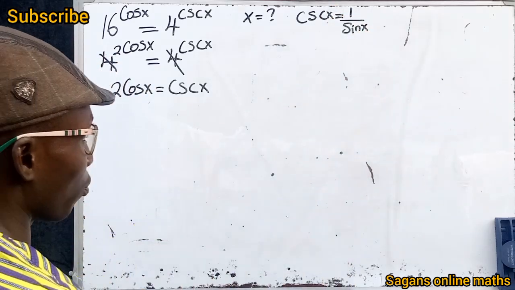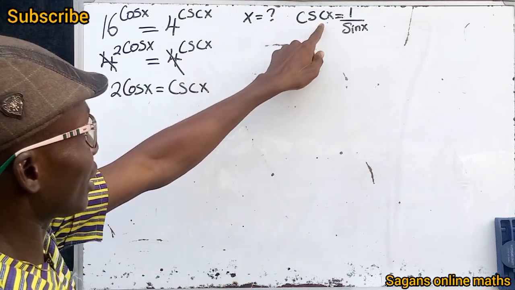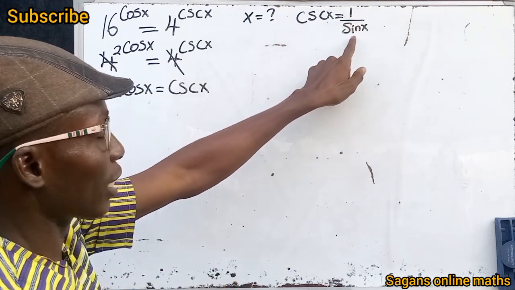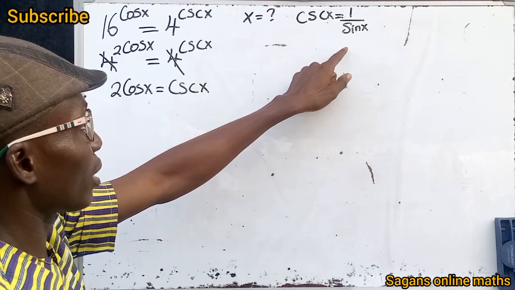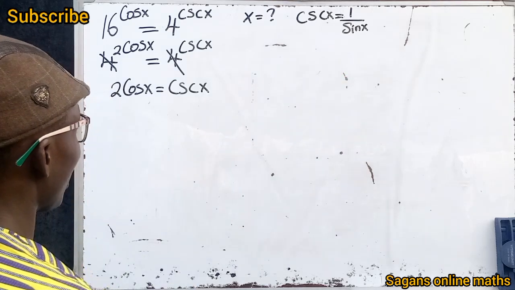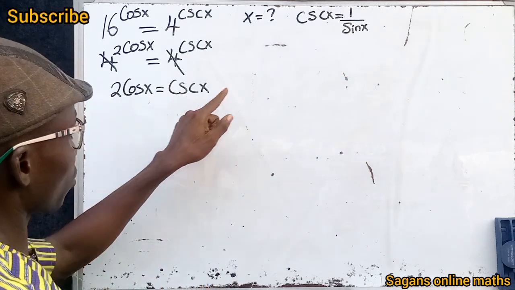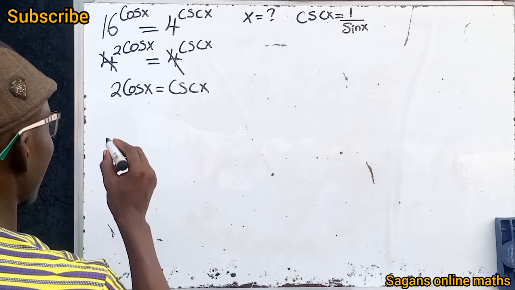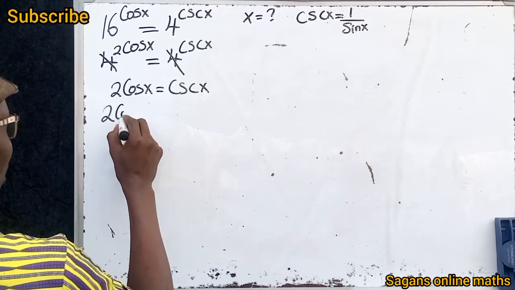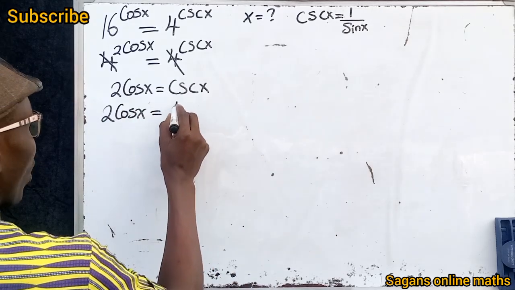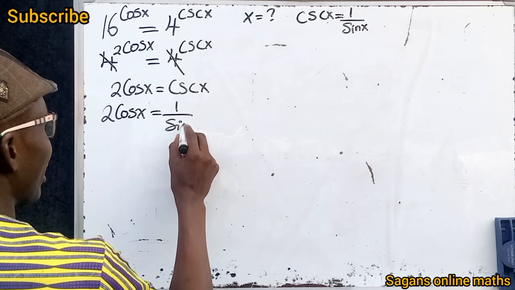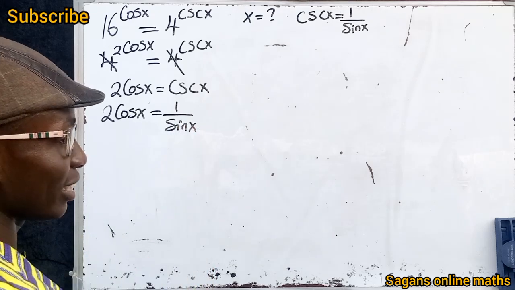This is very important. Cosec of x is equal to the inverse of sine. Beautiful. Now in place of this, we can substitute, so 2 cos x is equal to 1 over sine x.